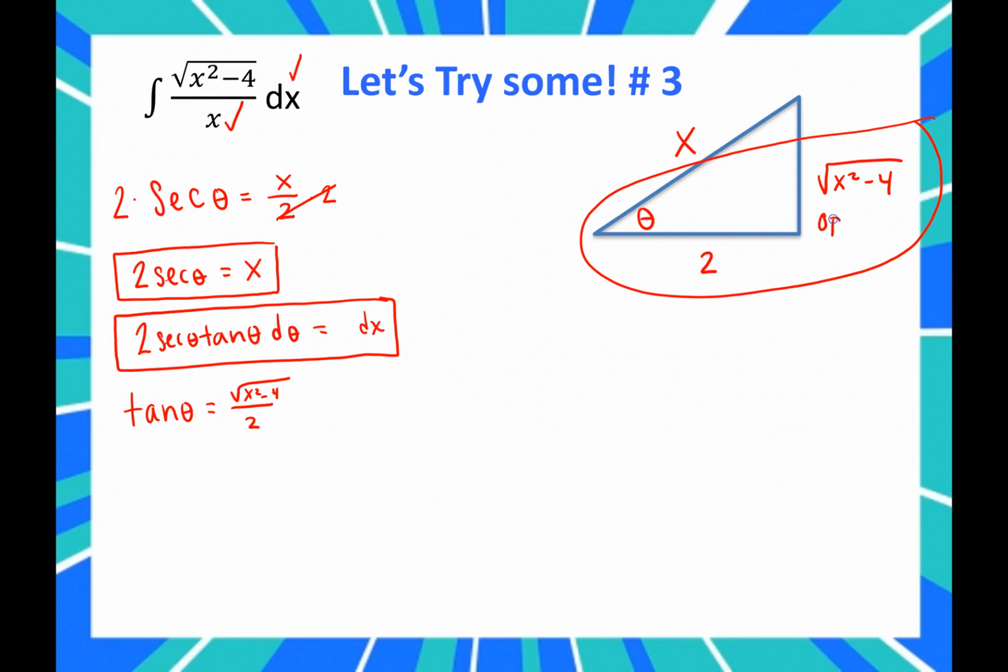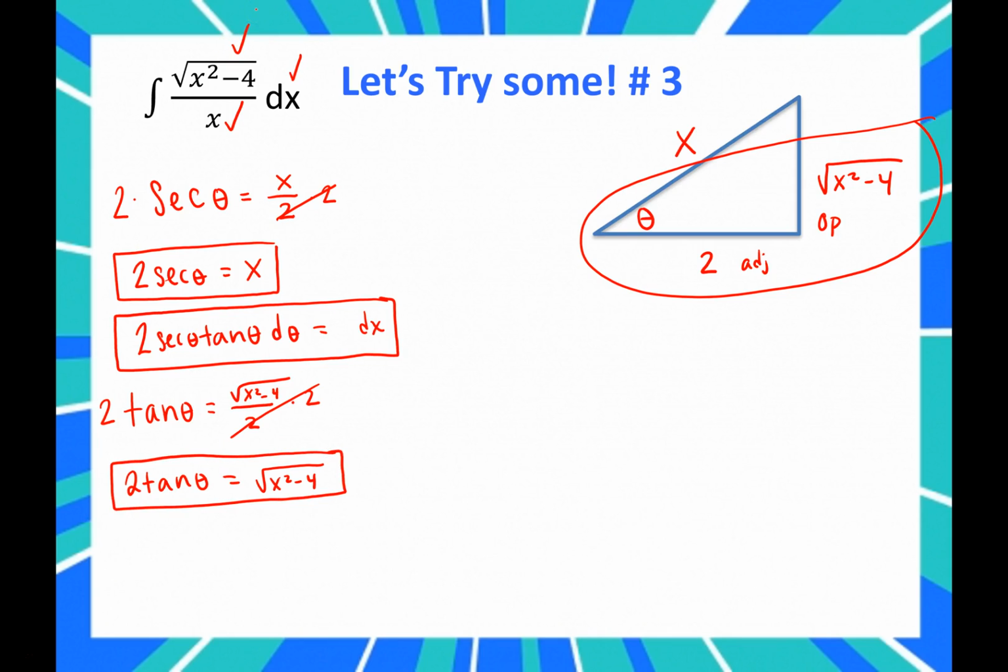See how that's opposite over adjacent? There we go. All we have to do here is multiply by 2, and I get 2 tan theta is equal to the square root of x squared minus 4. If you're not sure what I did here, I just multiplied by 2, and then those cancel. All right, I'm going to go ahead and box that here too because I have a match.